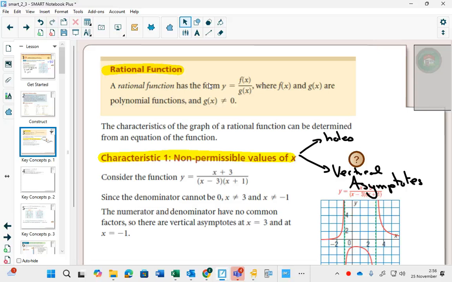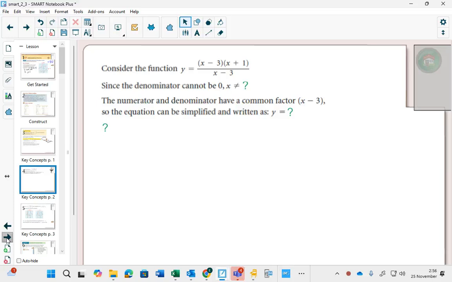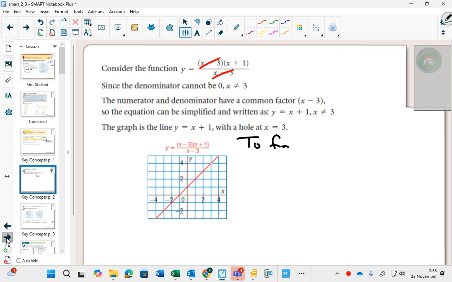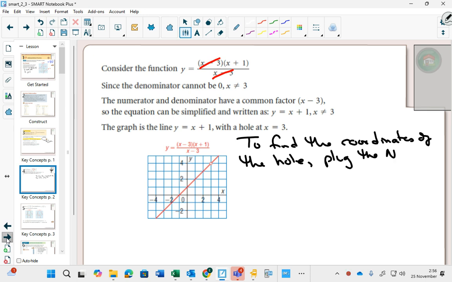If you have a non-permissible value that cancels out, like in the second example, this x minus 3 cancels out. Then this equation simplifies to just x plus 1, but 3 is still a non-permissible value, so you have a hole.